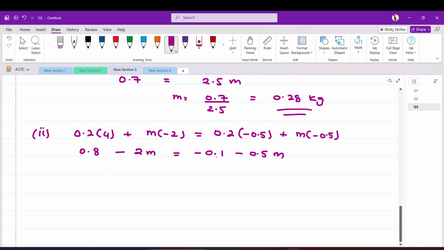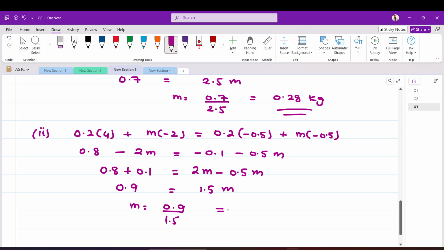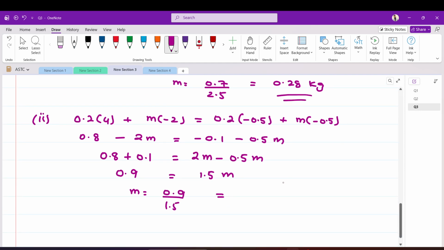So now this minus 0.1 comes to this side, so we have 0.8 plus 0.1, and 2m goes to the other side, so we have 2m minus 0.5m. So now we have 0.9 equals 1.5m. m is equal to 0.9 divided by 1.5. So in this case we have 0.6 kg. Okay, that's the second possible value of m.